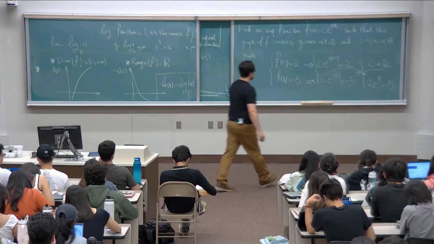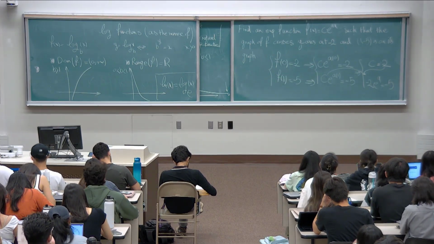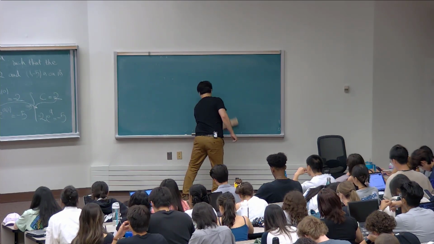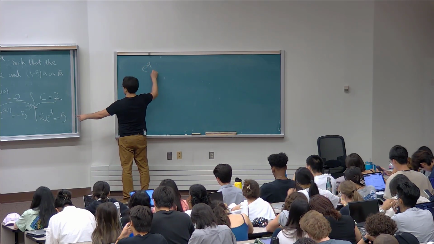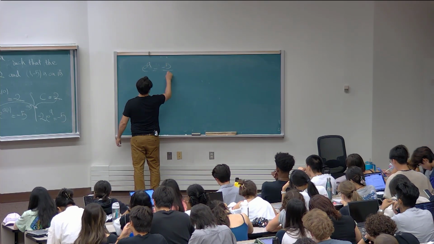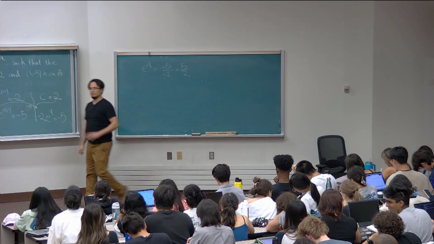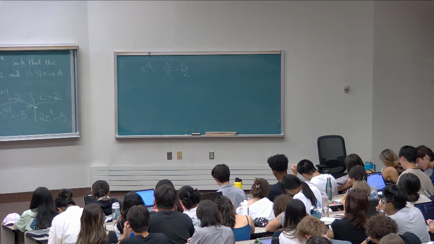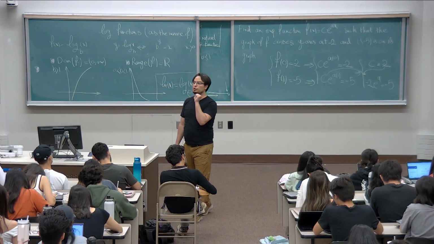So in this case, we get that e to the power a is negative 5 over negative 2, that's the one. E to the power a is 5 over 2.